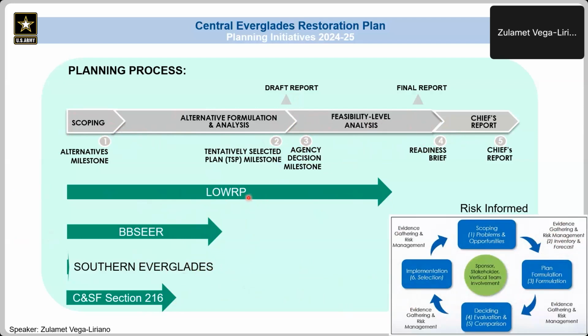The Lake Okeechobee Watershed Restoration Project, or LOWP, has undergone more than 4 iterations of the planning process, while the Southern Everglades have not yet completed the first one, which is located here, as it hasn't started. In contrast, you also have BBCR and the CNSF flood resiliency studies, which are working towards their tentative selected plan, which will be the next milestone.